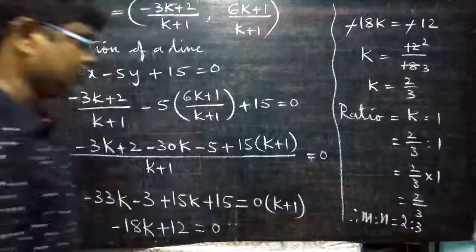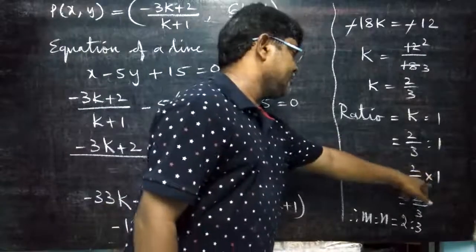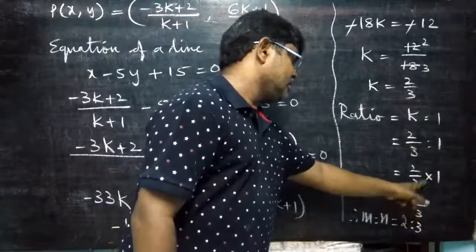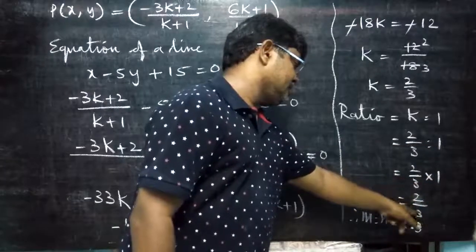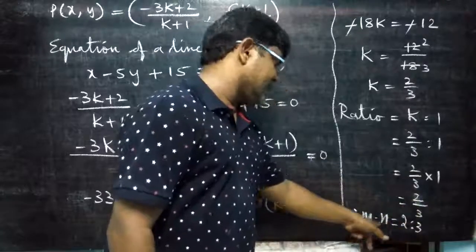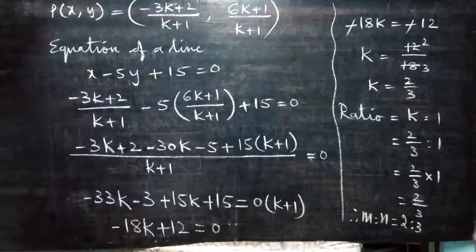This is the ratio. Are you able to follow? We thought m is to n as k is to 1, which gives 2 is to 3.